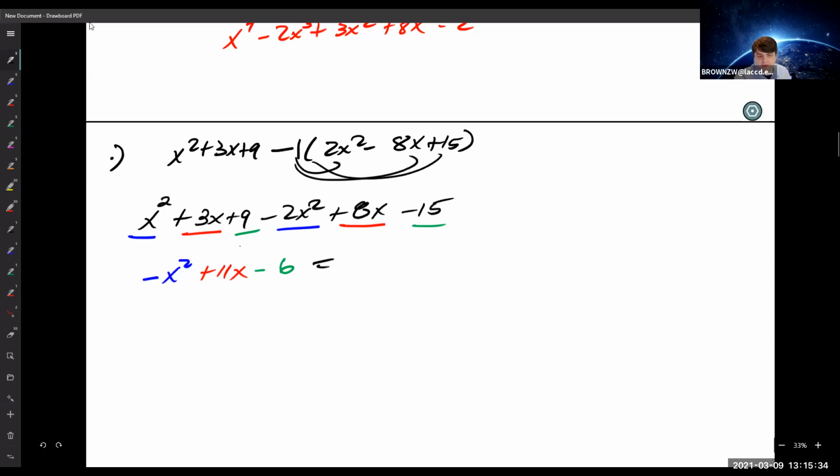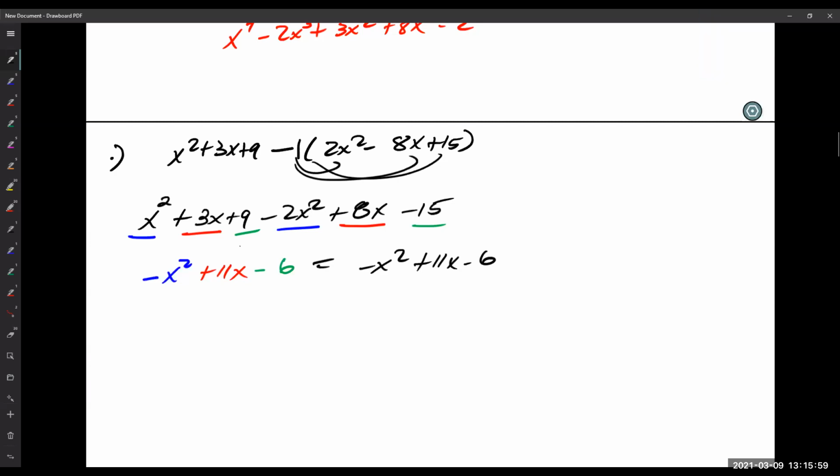So I'm just writing this without all the colors. There's my final subtracted polynomial. Okay, questions on this?